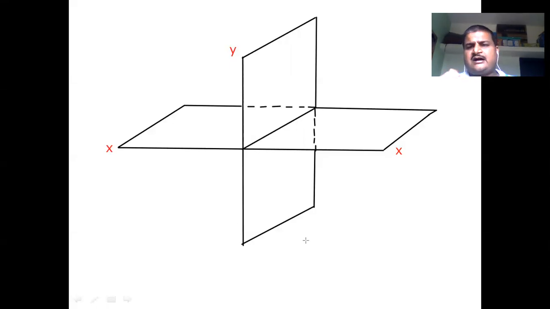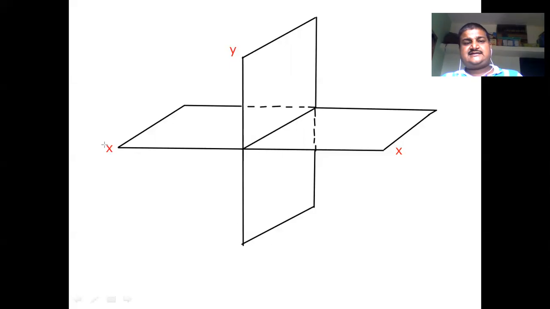Now you can see this x plane. What is the geometrical orientation of this plane? Is it horizontal or vertical? Horizontal. Yes, it is horizontal, correct?